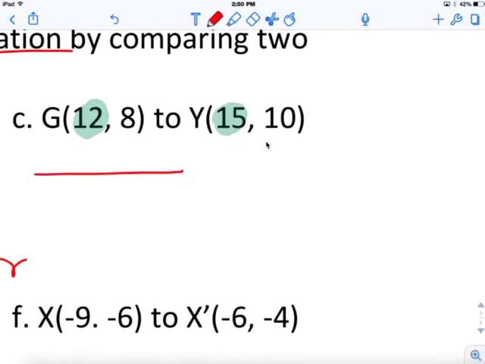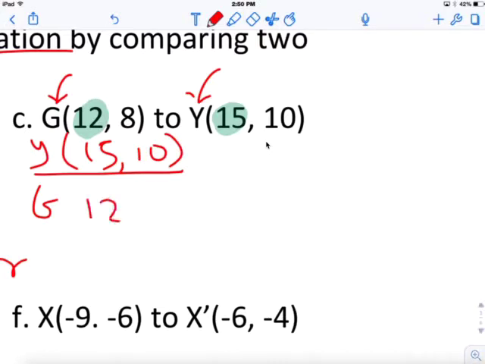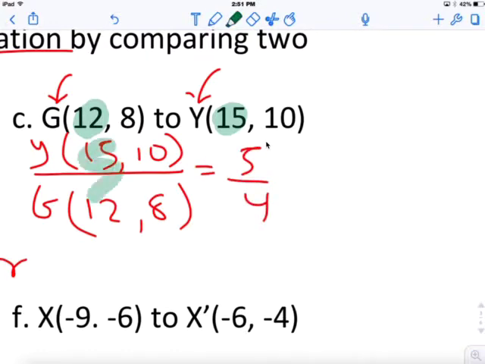So the pre-image goes on the bottom, the image goes on top. So 15 over 10 and 12 over 8. Reduce that, divide this by 5, you get 3 over 2. Divide this by 4, you get 3 over 2 also. It's the scale factor.